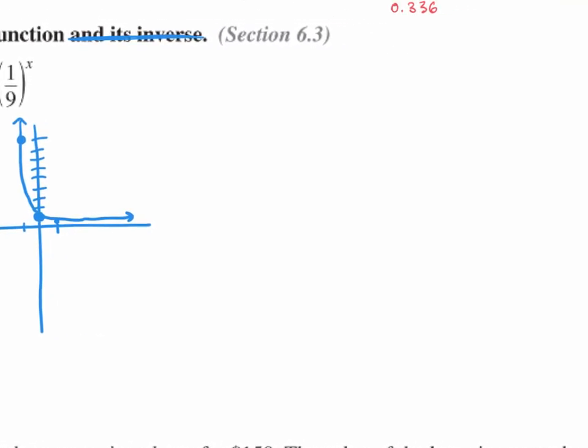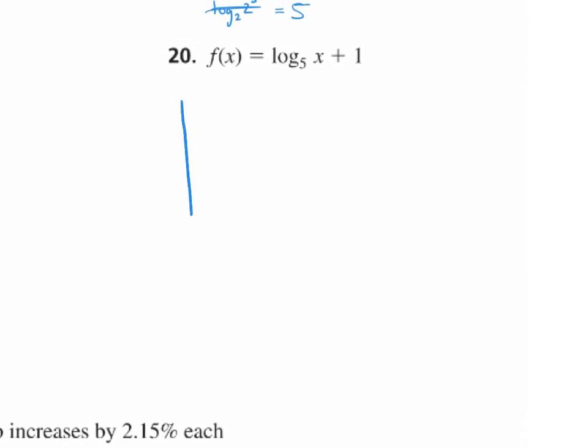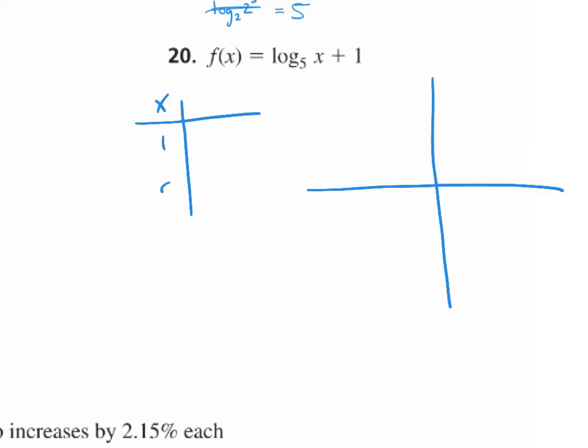All right, next we have a logarithmic graph. So for log graphs, we only have to plug in 2 numbers. What are we going to plug in? 1 and 5. Perfect. So we want to plug in 1, always for log graphs, and then we want to plug in whatever the base is. So we have log base 5 of 1 plus 1.